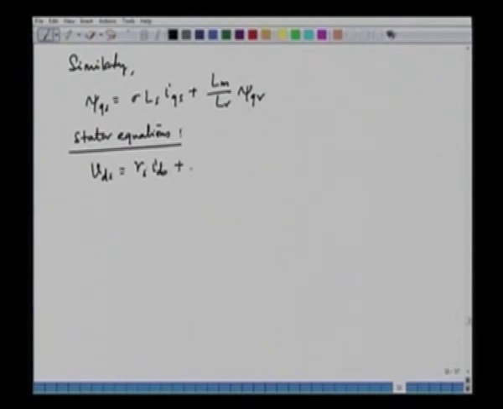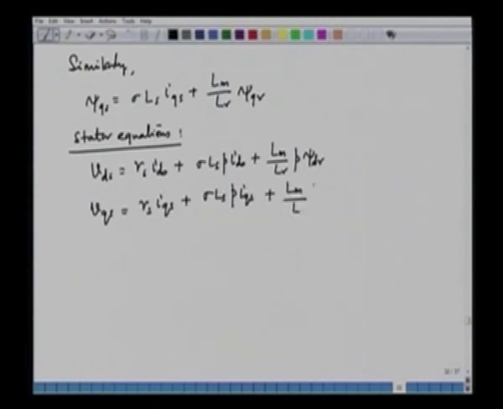So we can replace for psi ds as we have derived. So that's equal to sigma Ls P IDS plus Lm by Lr P psi dr. This for the d axis, and similarly in the q axis we can say that VQS is equal to RS IQS plus sigma Ls P IQS plus Lm by Lr into P psi qr.